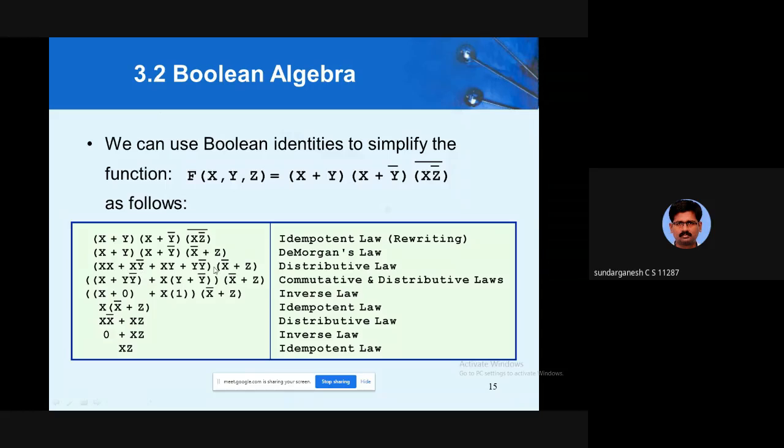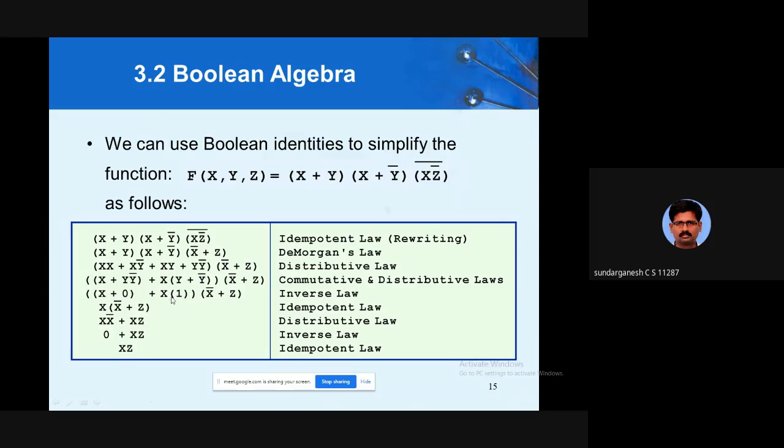So x is common. So yy bar is 0, no need to do this. y into y bar is 0 only, so you put 0 here. Now x plus 0 plus x into y plus y bar. So y plus y bar is equal to 1.